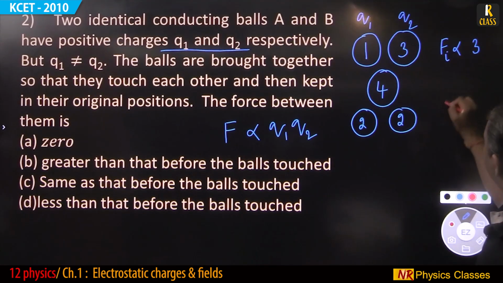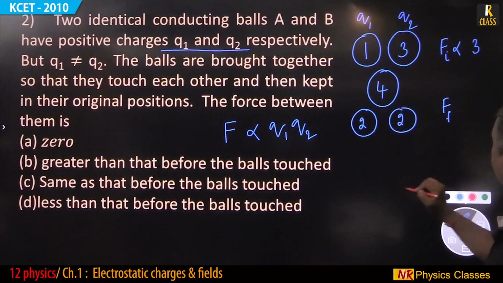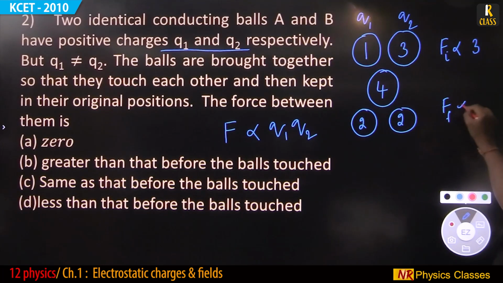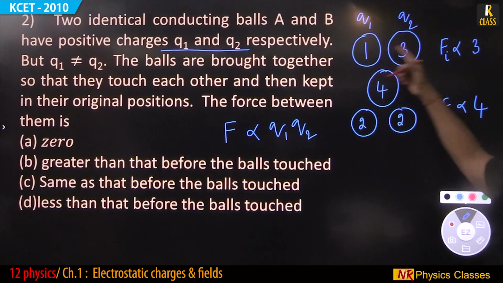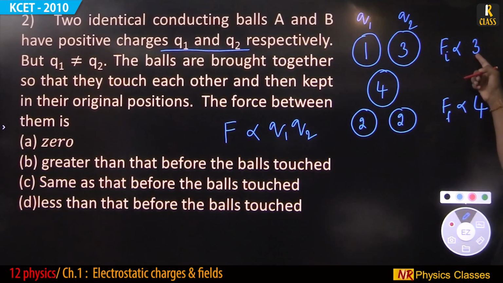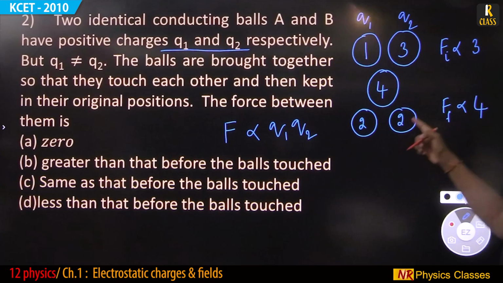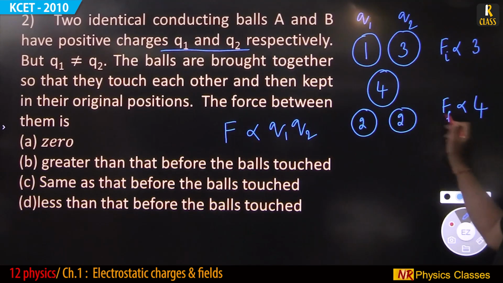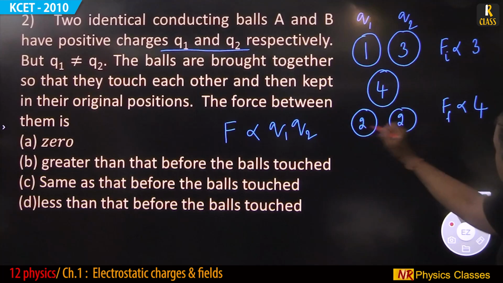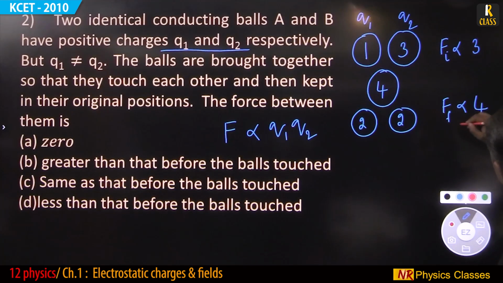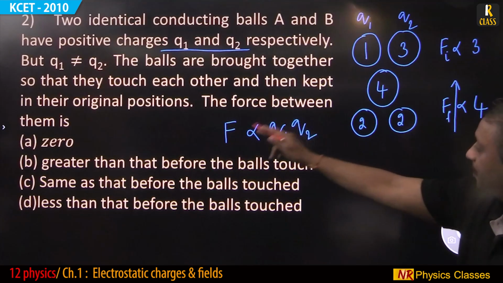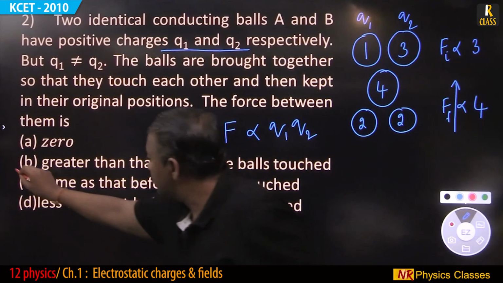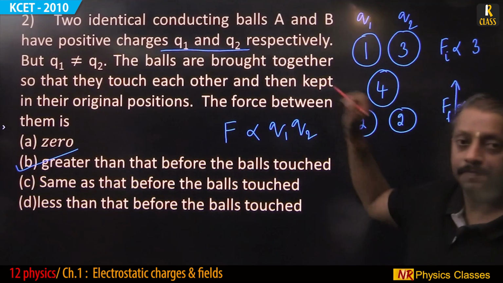This is initial, this is final. Product of the charges is 2 into 2, 4. Before, the product of the charges is 3, so the force is less. After contact and separation, the product is 4, so the force should be greater. The force between them is greater than that before.